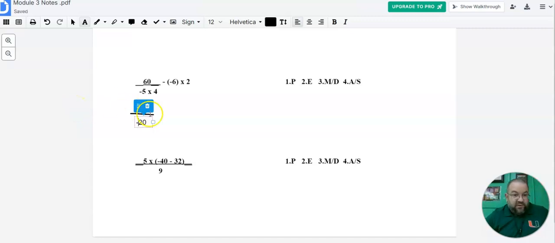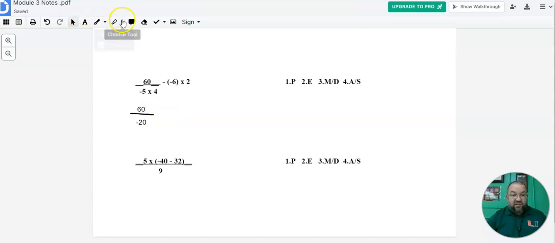Now, here's the problem, okay? We have 60 over negative 20, but now we also have to think about, hey, what does this actually represent? I have a negative sign down here. So if I have a negative sign down there, I'm going to have a negative number, okay? I could reduce this down so I get 6 over 2. So my end result then is going to be a 3.